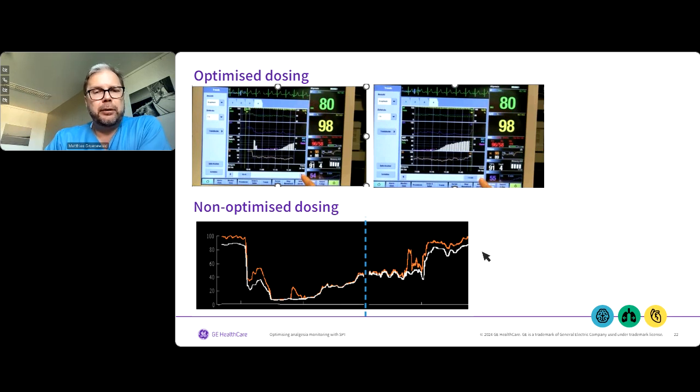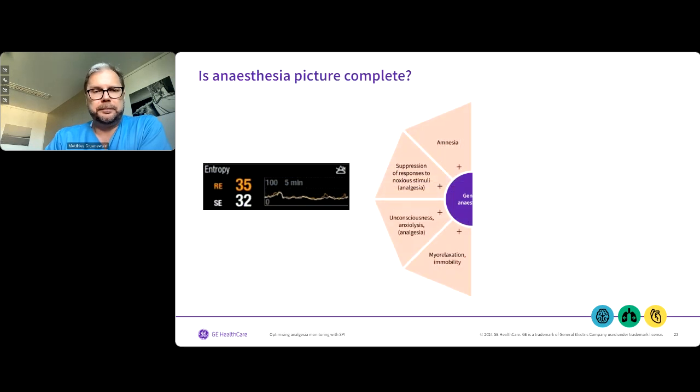We have long periods of too deep anesthesia, and these are non-optimized patients that have effects on cardiovascular stability. The wake-up times are longer, and so side effects that we want to avoid.